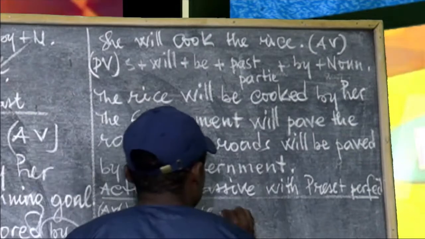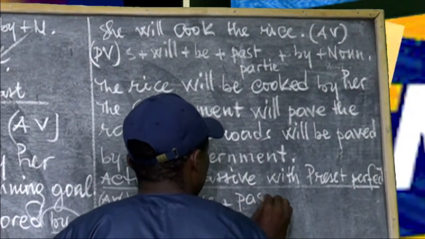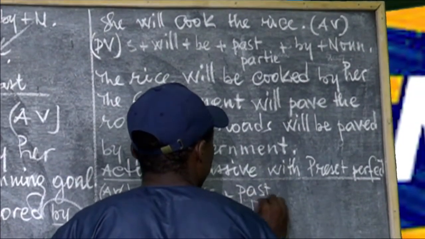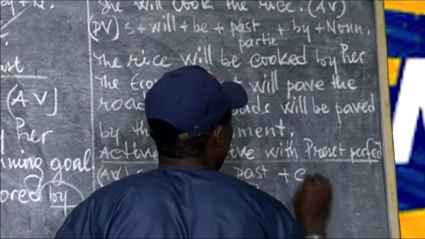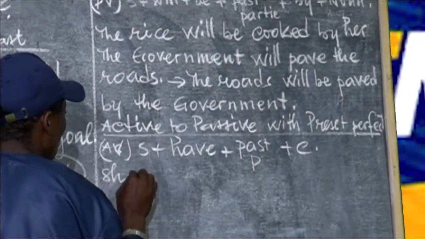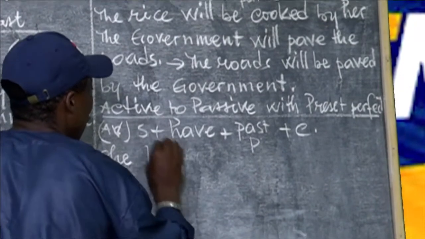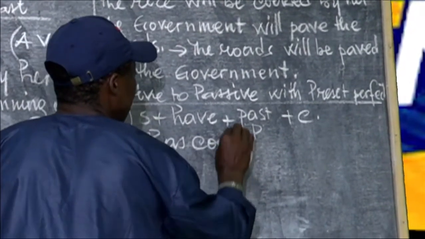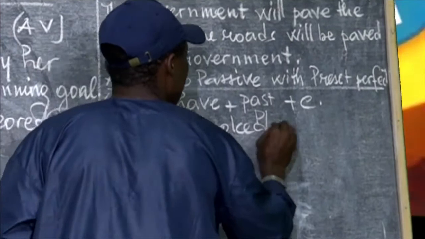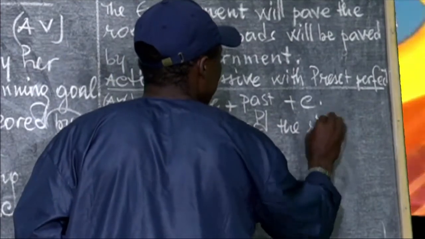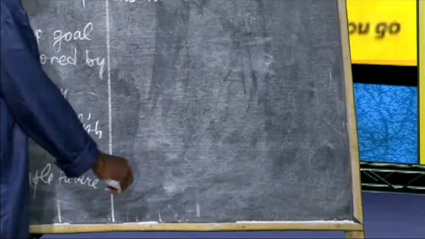Plus the past participle of the verb, plus the completion. Example: She has cooked the rice. Very good.